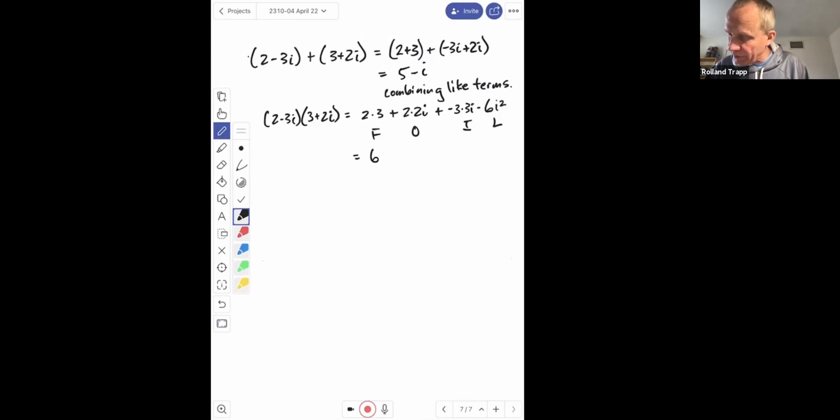So this is going to be 6 plus 4i minus 9i. And now i squared is -1. So instead of minus 6i squared, I just get plus 6. And then I combine like terms. So here I use the fact that i squared was -1, right?